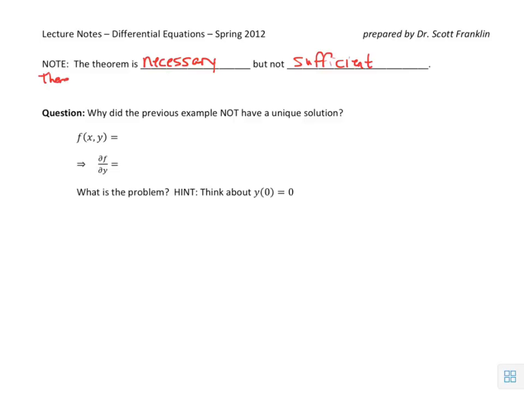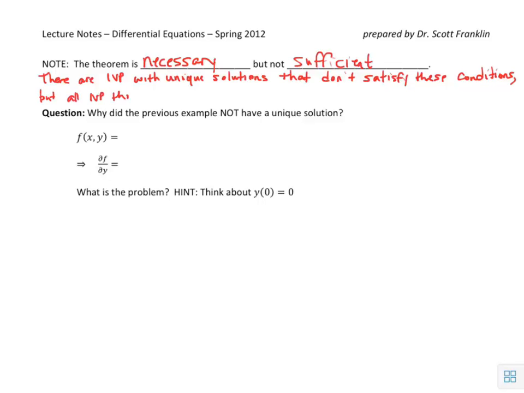There are initial value problems with unique solutions that don't satisfy these conditions. On the other hand, if it satisfies those conditions, we know it has a unique solution. So all initial value problems that satisfy the conditions in the theorem have unique solutions.